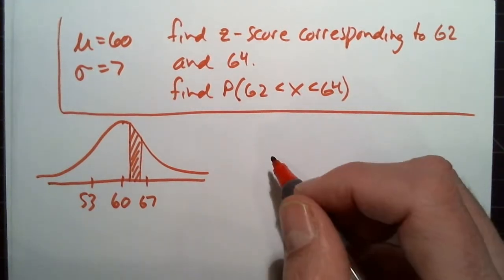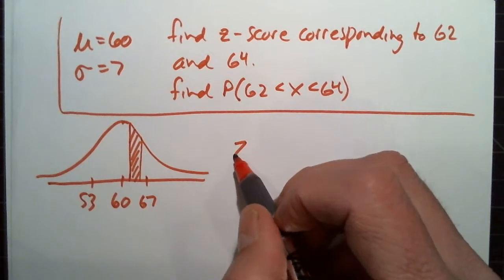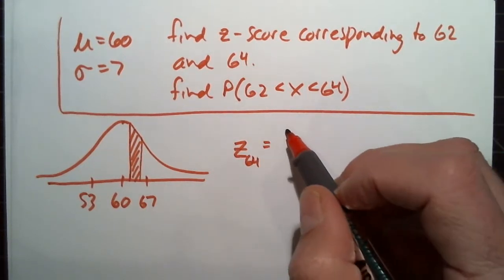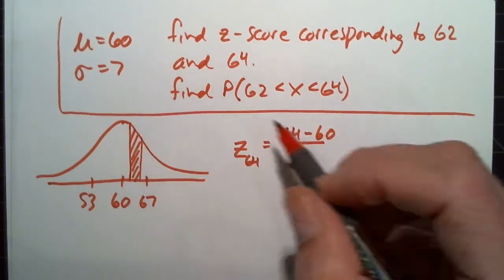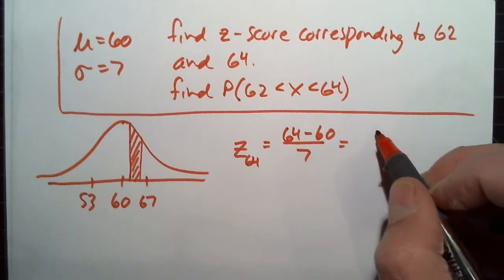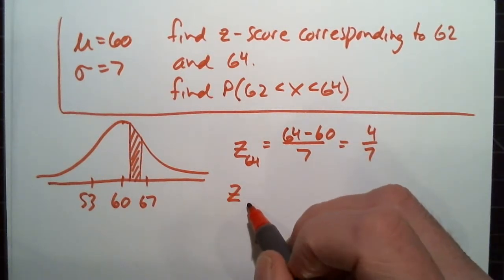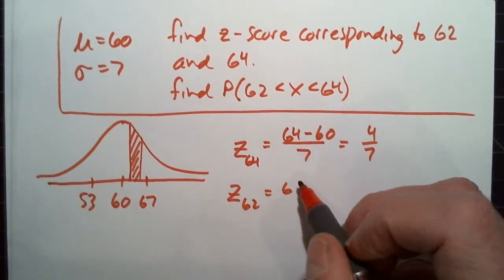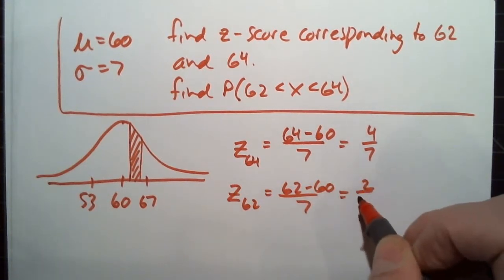And we have z at 64 is going to be 64 minus 60 over 7. And we get 4 over 7. Z for the x value of 62 is 62 minus 60 over 7. We get 2 over 7.